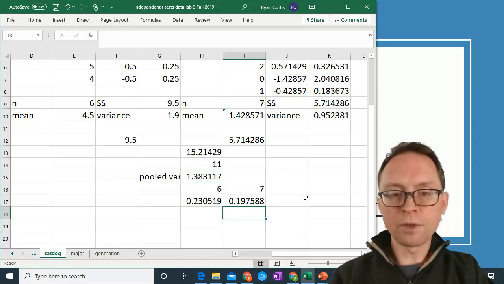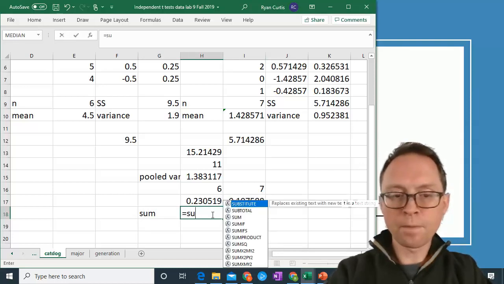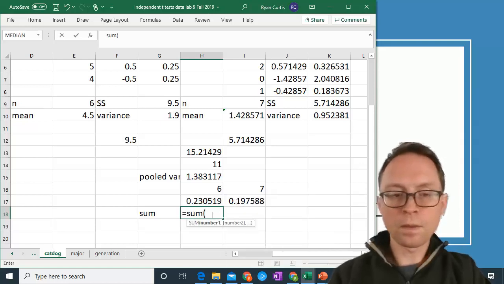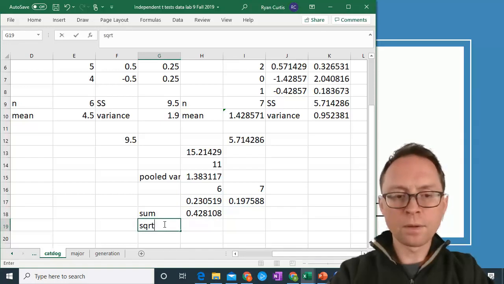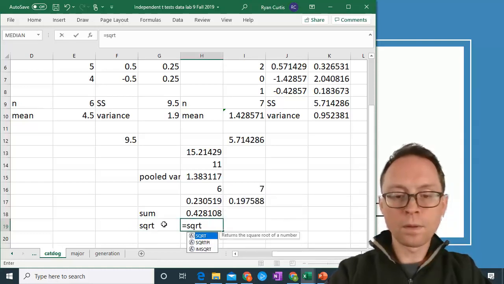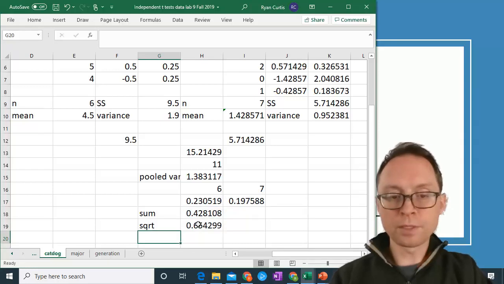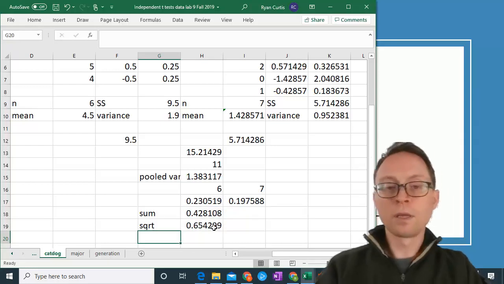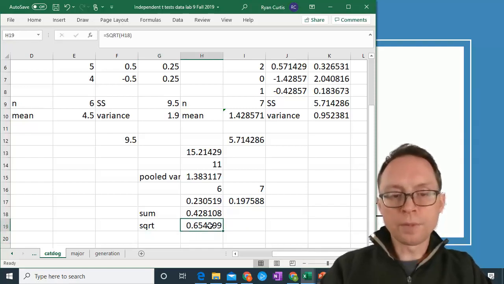The sum of those two together is going to be those two together. Then we take the square root of all of that, and we get this, 0.65422. So this is the denominator, all right? This is what's going to be on the bottom.